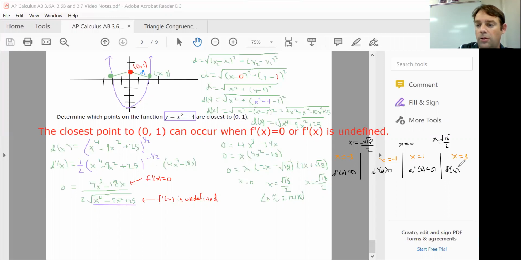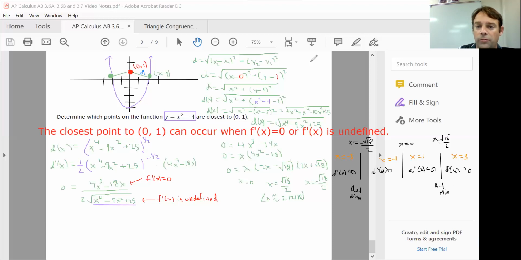So you can already see the 2 points we talked about that would have been the relative mins. That would have been right here. There's a relative min, and then there's also another relative min.